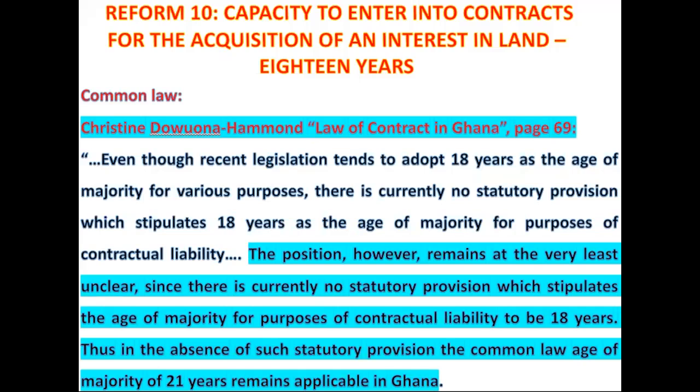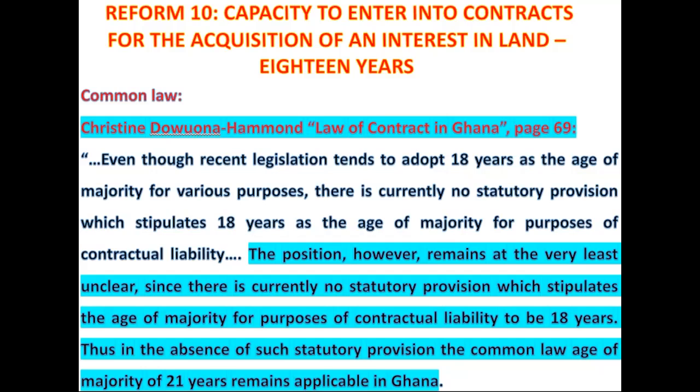And this is what the book says, and I quote: even though recent legislation tends to adopt 18 years as the age of majority for various purposes, there is currently no statutory provision which stipulates 18 years as the age of majority for purposes of contractual liability.